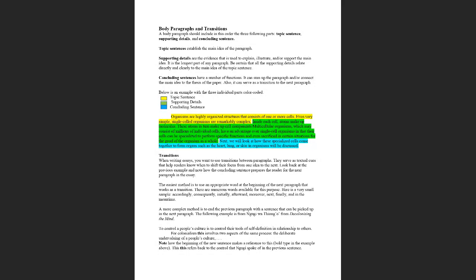A more complex way to do a transition is to take a sentence from the previous paragraph and use that to connect it to the next paragraph. Like the example that I just gave with my mother and my father. So there are various ways to do transitions. That's that one. I know this is a lot of information, I'm sorry.